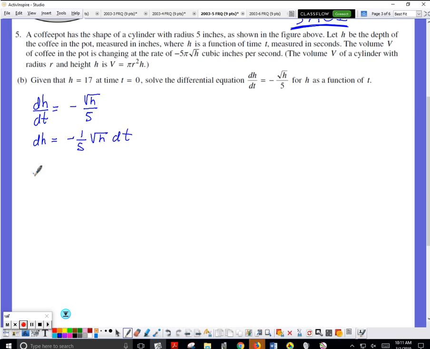Move the root h over to this side. Questions? That's worth 1 point if you do that. So now we'll change color. We anti-differentiate both sides. This is h to the negative 1/2 dh. The antiderivative of negative 1/5 will just be negative 1/5 t.